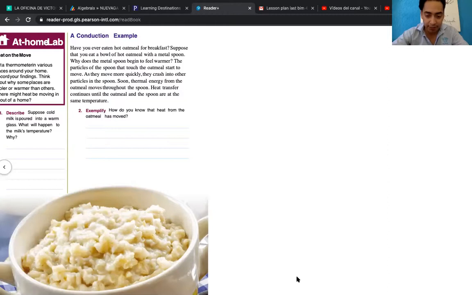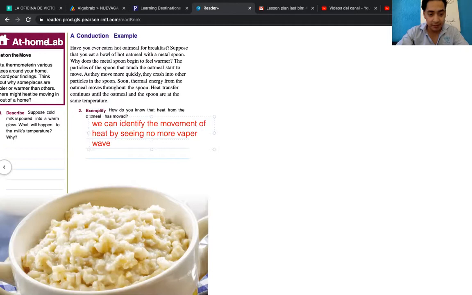So what can we put here? We can identify the movement of heat by seeing no more vapor waves in the cup of oatmeal.